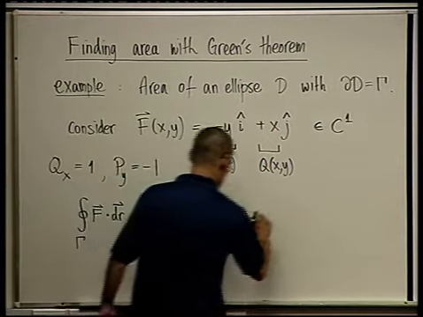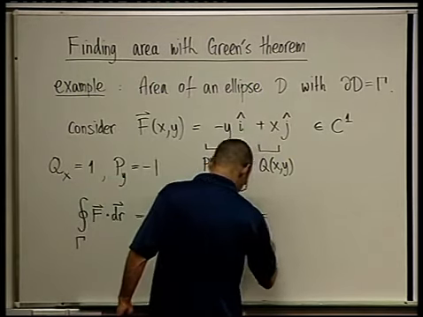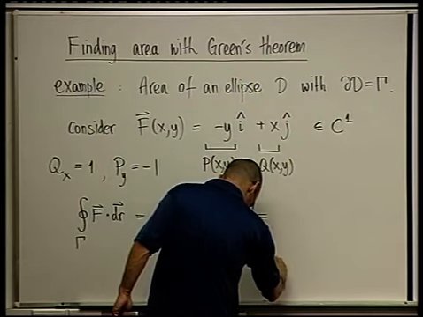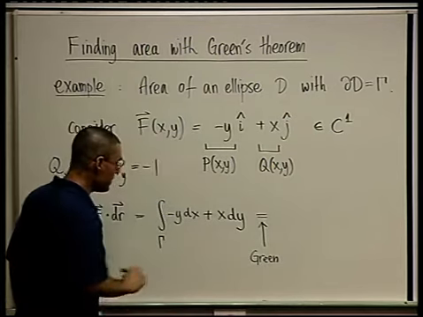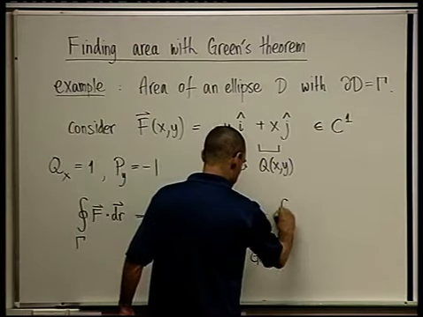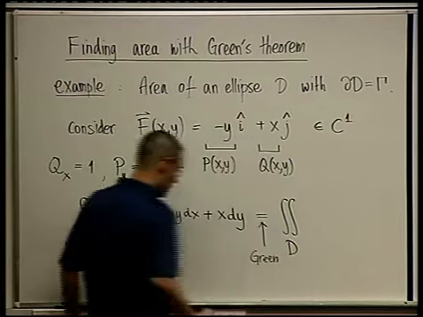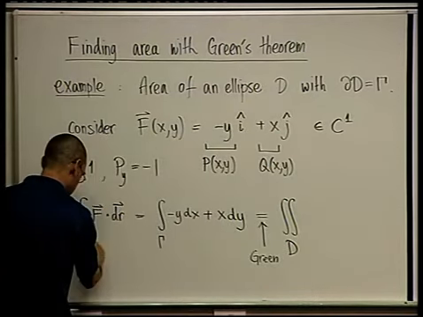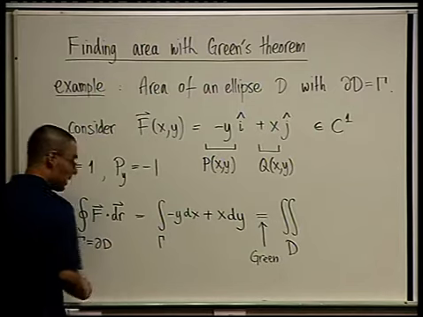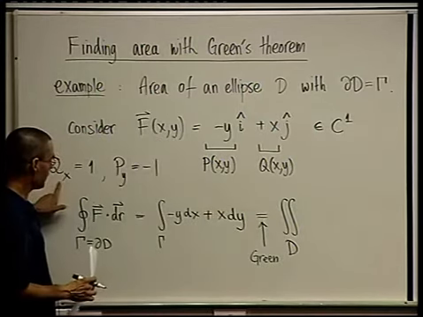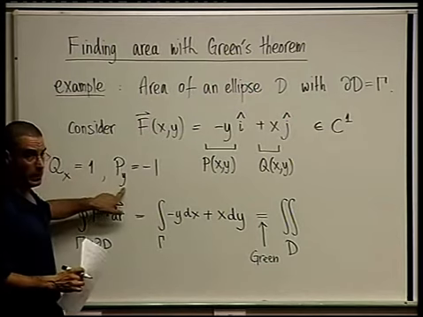Now, by Green's theorem, this equals the double integral over the domain D, for which gamma is the boundary, of Q_x minus P_y.